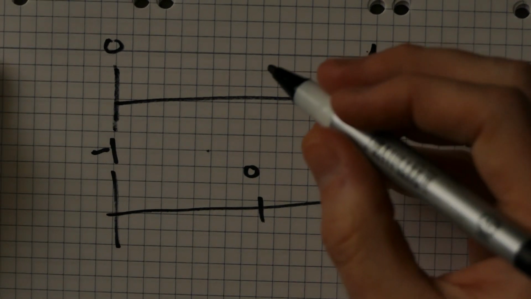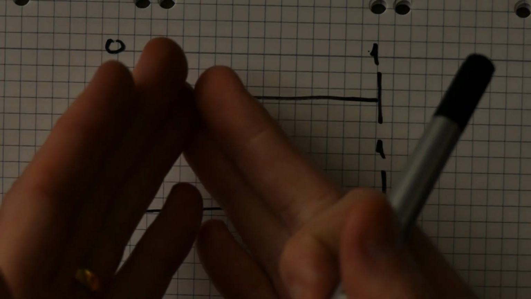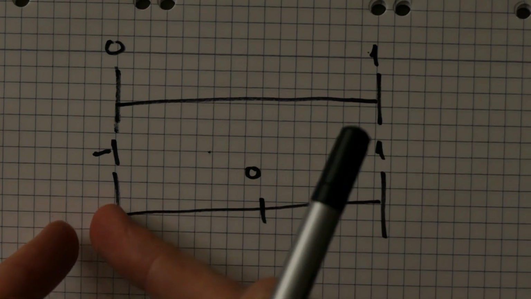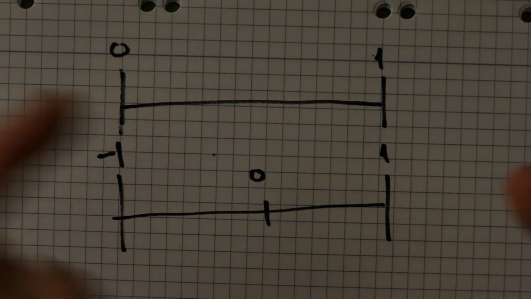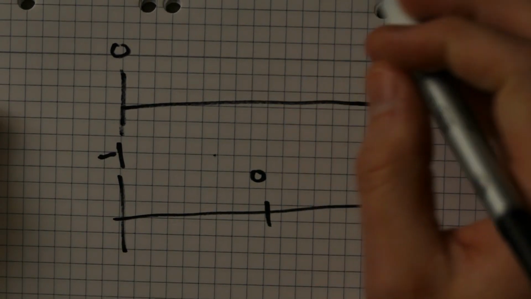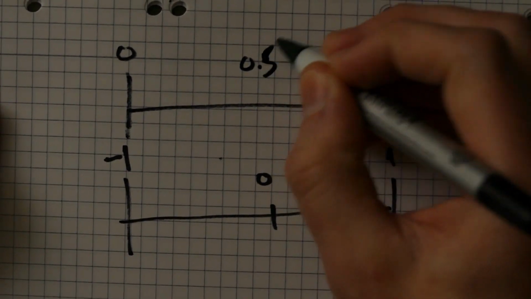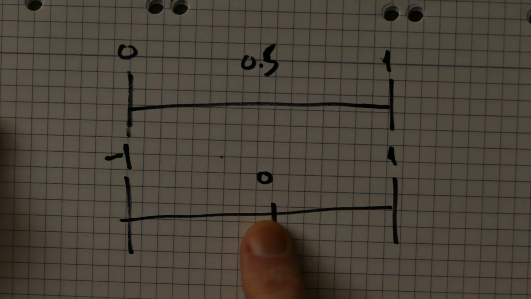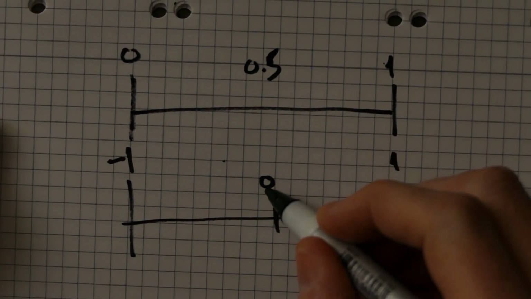It converts. It still operates between 0 to 1, but it converts that to -1 to +1. So if you send a value of 0.5 from a positive only value module to a bipolar value module, it becomes 0.